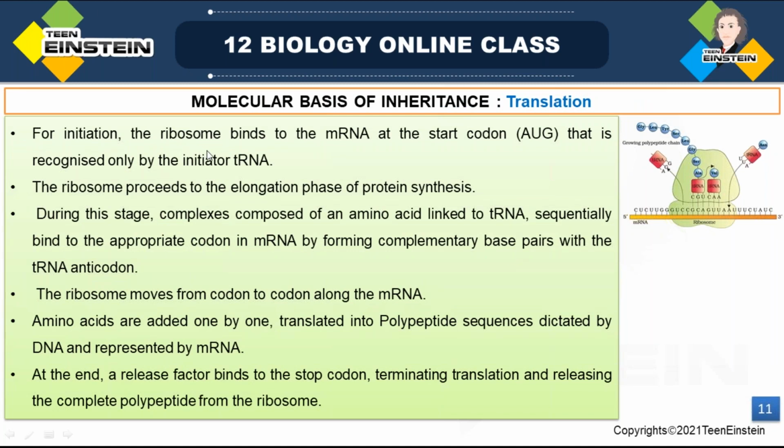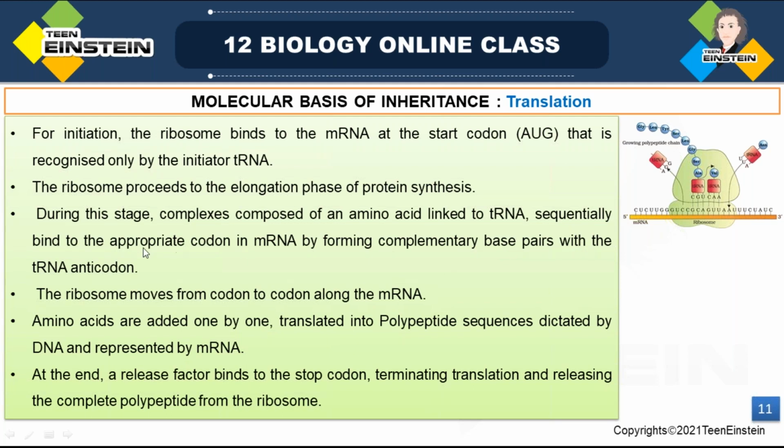So for initiation, the ribosome binds to the mRNA at the start codon, which is recognized only by the initiator tRNA. Then the ribosome proceeds to the elongation phase of protein synthesis, and in the elongation phase, the complex is composed of an amino acid linked to the tRNA.